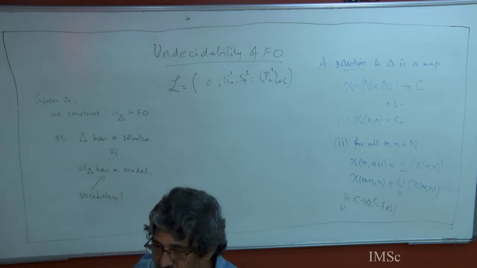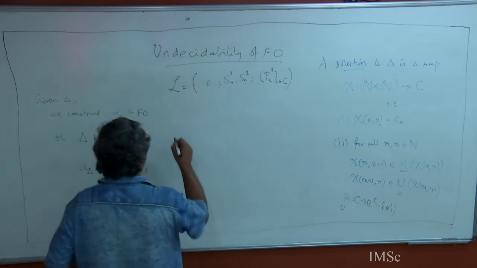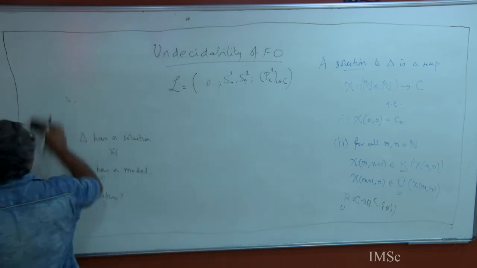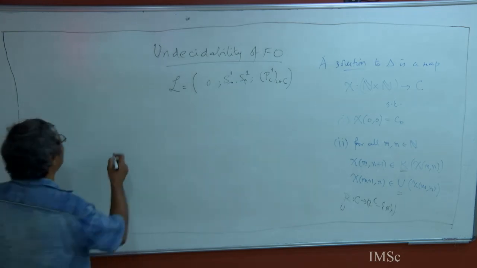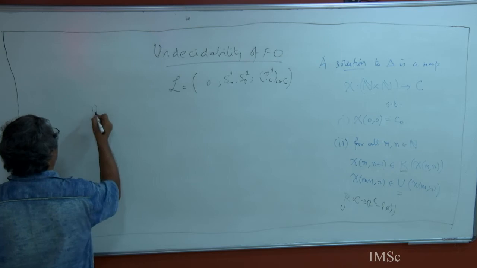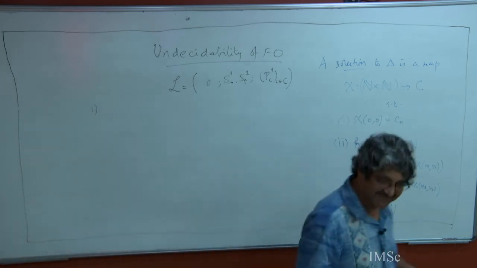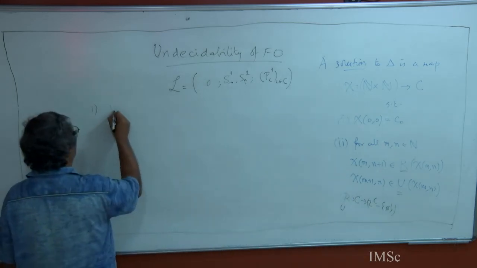Okay. So let's write the formulas, what my formula will say, right? First thing is, I have to write that it's actually a coloring, right? So this is something that we need to write. By now you must be used to it.